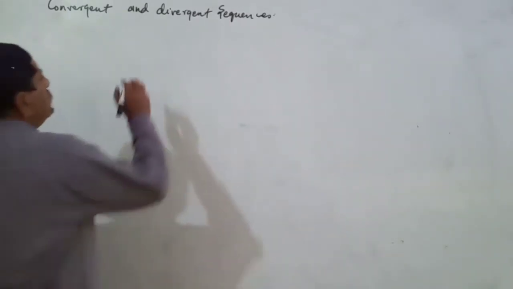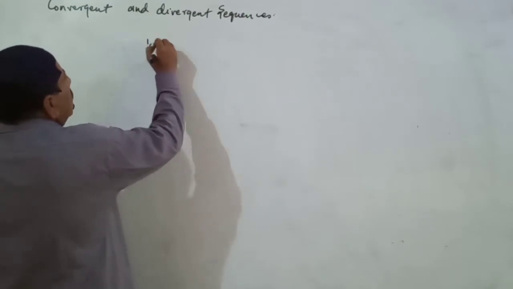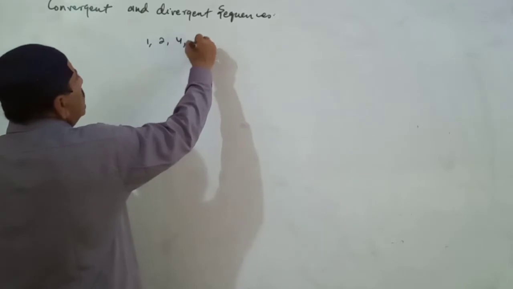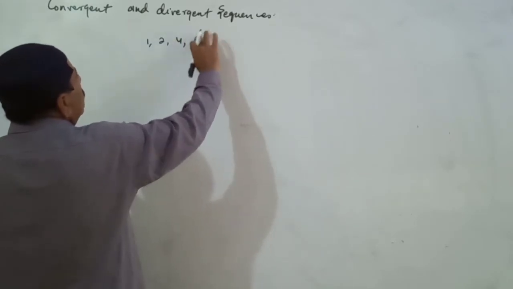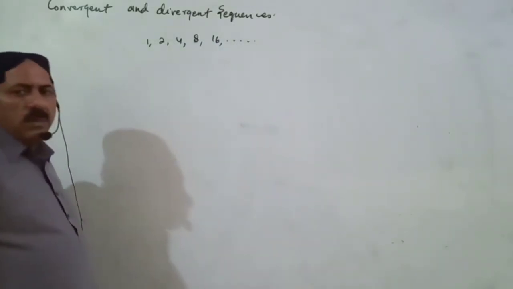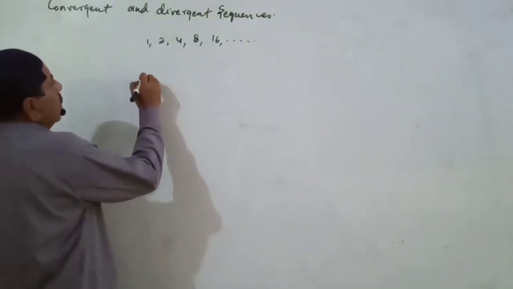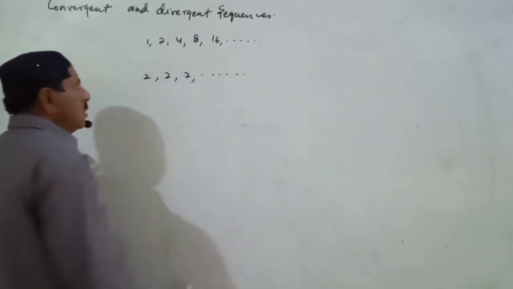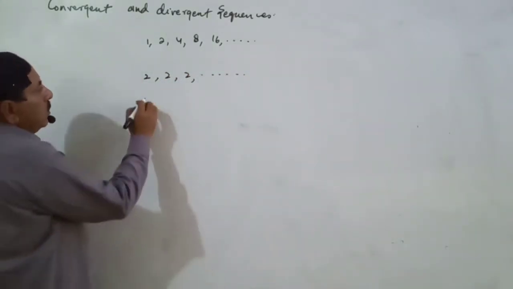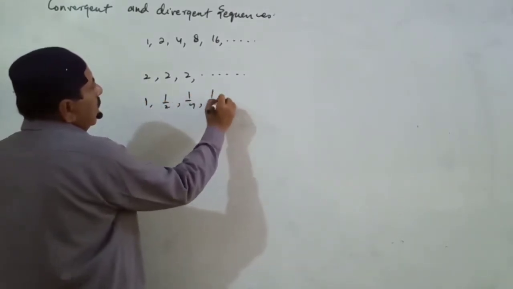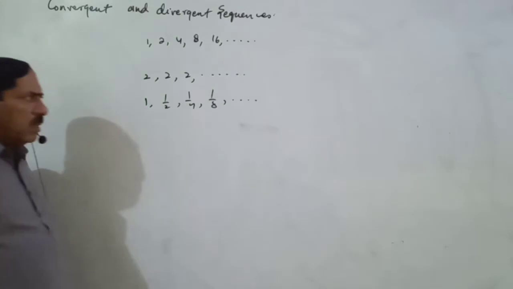Suppose 1, 2, 4, 8, 16. This is a sequence. 2, 2, 2. This is a sequence. 1, 1 upon 2, 1 upon 4, 1 upon 8. This is also a sequence.